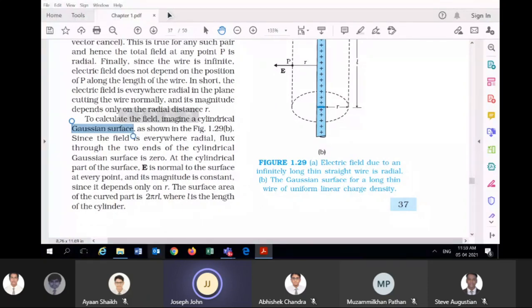Choose a Gaussian surface to be a cylinder of radius r, small r, and length L, small l, so that the point P lies on its curved surface.